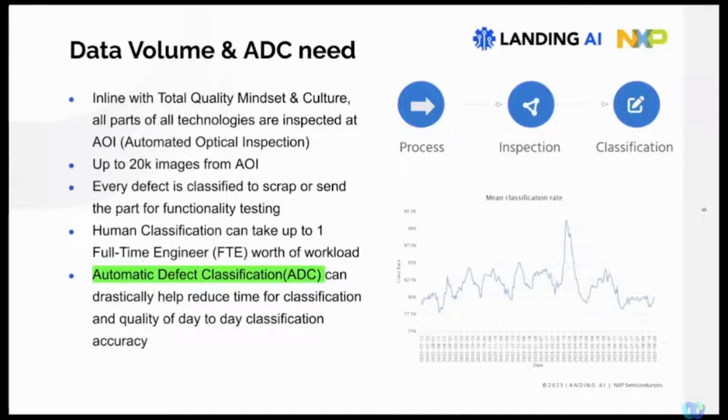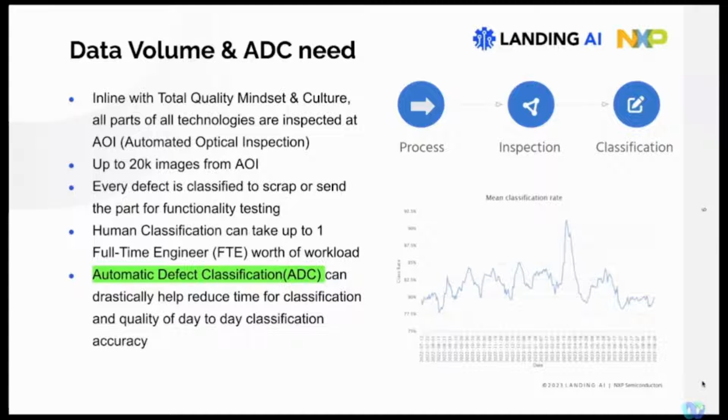Because of this manual intervention, you are dedicating a lot of resources in the workflow to classify these. However, the training of these operators and the experience of these classifiers may vary, and that may introduce some errors in our classification. So we wanted to include automatic defect classification so that we can reduce the classification time and improve the quality of the results that we get from day-to-day classification.